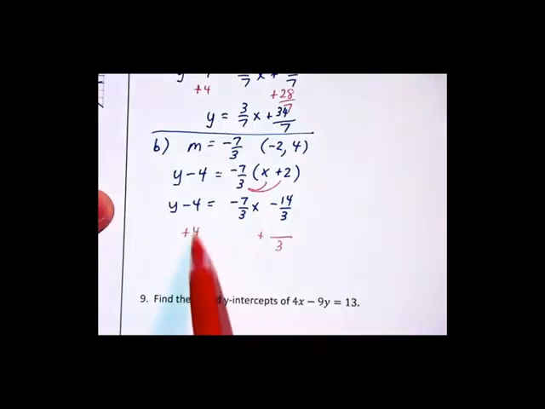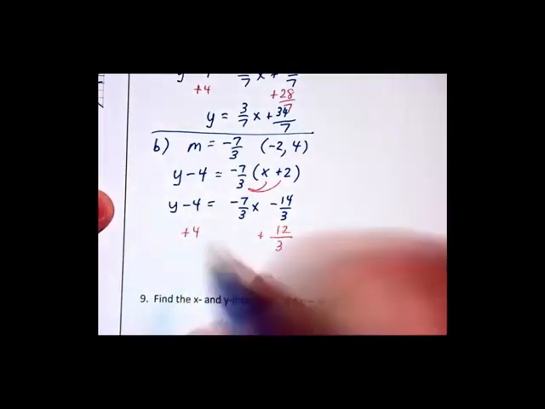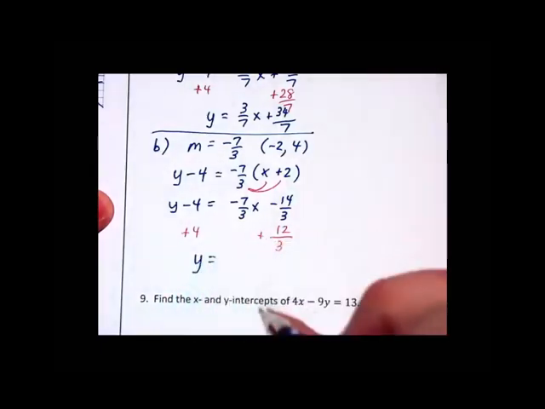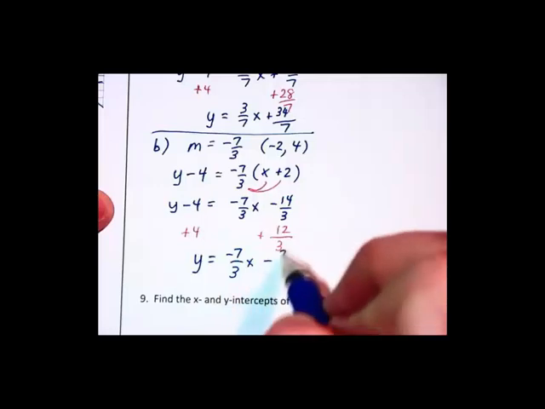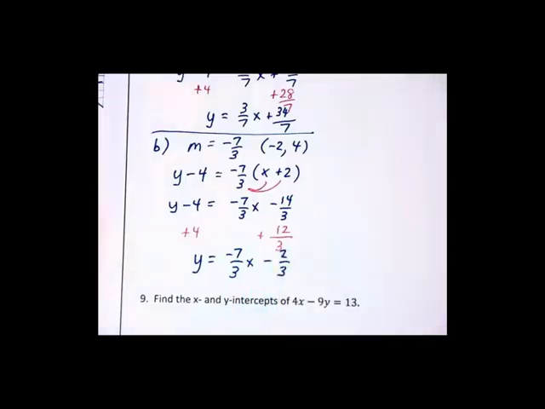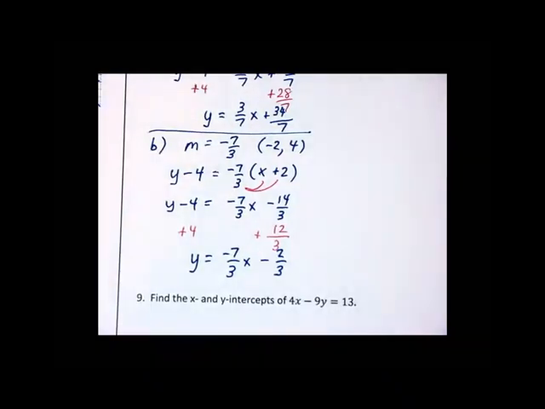So 4 over 1 here is the same as 12 over 3. So finalizing this problem out, we're going to have y equals negative 7/3 x minus 2/3. Those two parts A and B together are one problem.